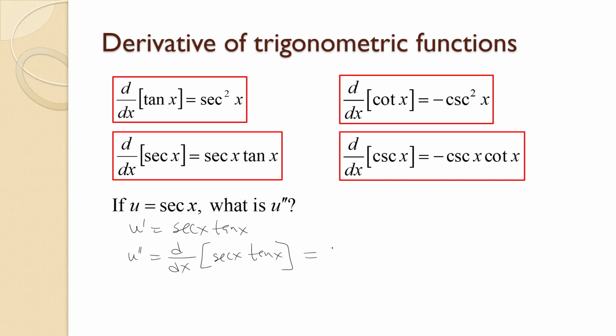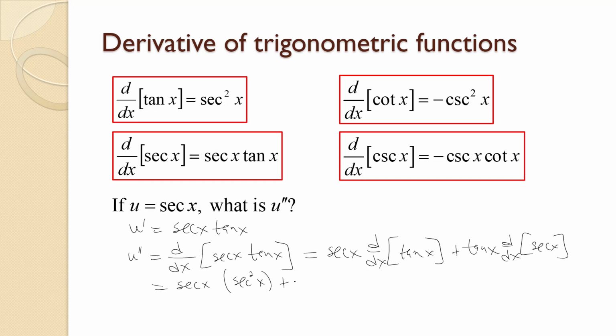So it's the first factor, secant of x, times the derivative of the second factor, that's the tangent of x. Then I have plus the second factor, that's the tangent of x, multiplied by the derivative of the first factor, that's the secant of x. That then would be the secant of x, and the derivative of tangent is secant squared of x.